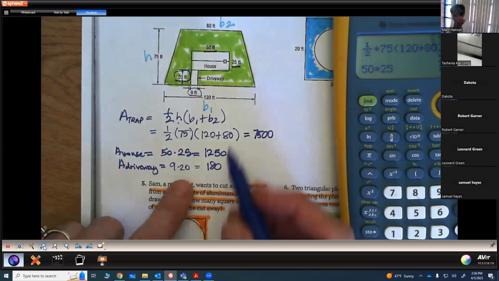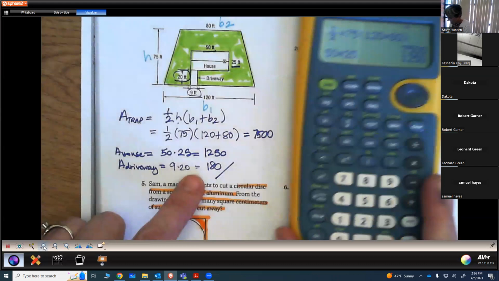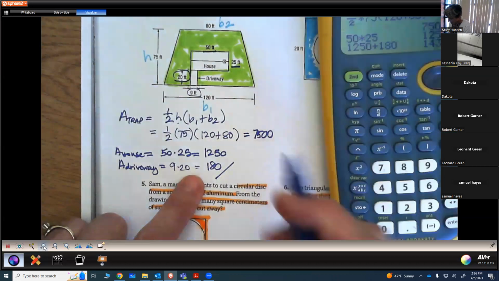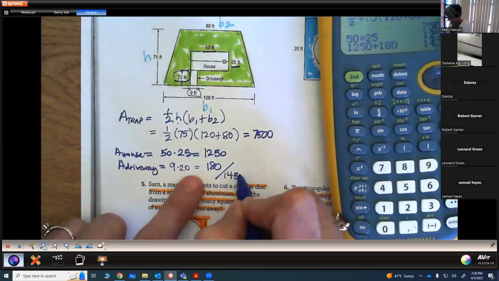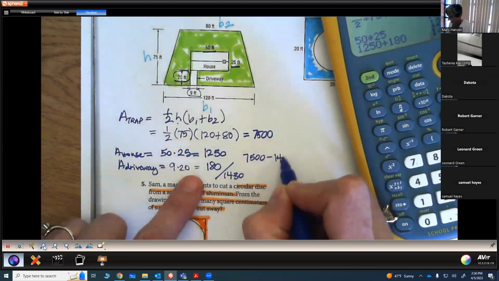So we can either subtract each of those values, or we can add 1250 plus 180 and get 1430, and then do 7,500 minus 1430.